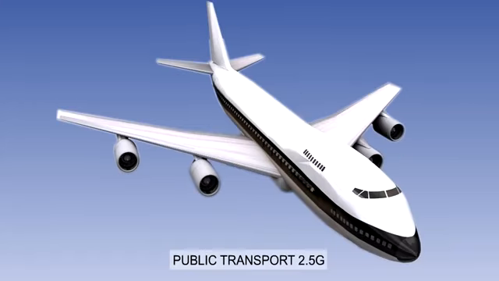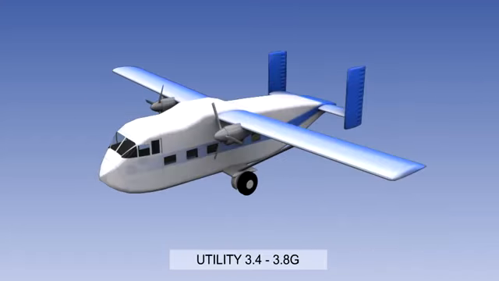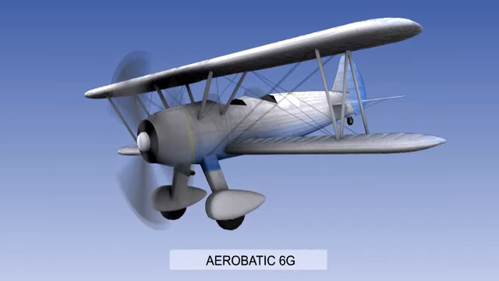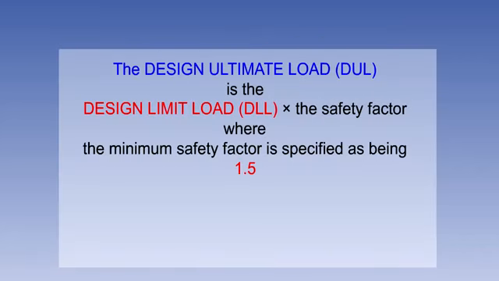The design limit load is 2.5 g for public transport aeroplanes. The design limit load is 3.4 to 3.8 g for utility aircraft, and 6 g for aerobatic aircraft. The design ultimate load is the design limit load multiplied by a safety factor.